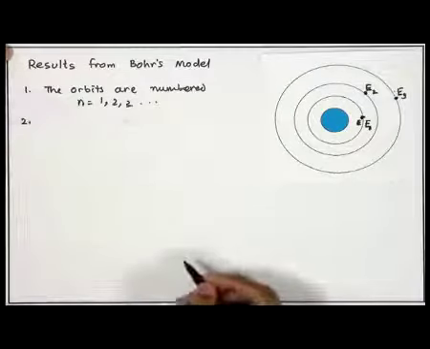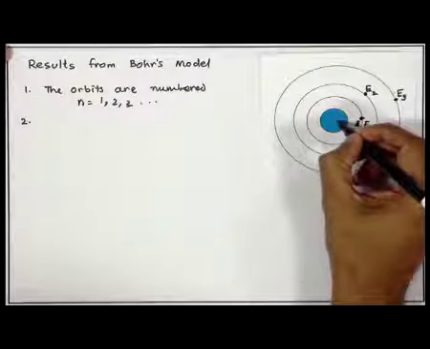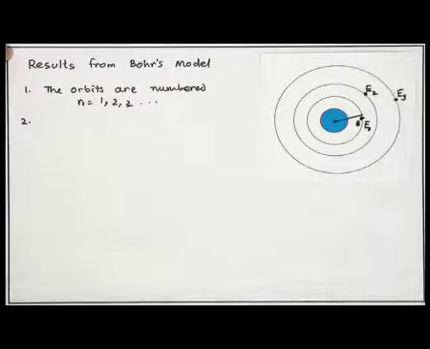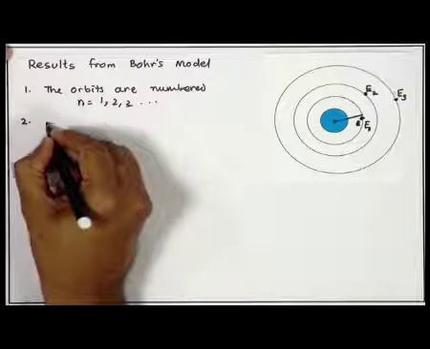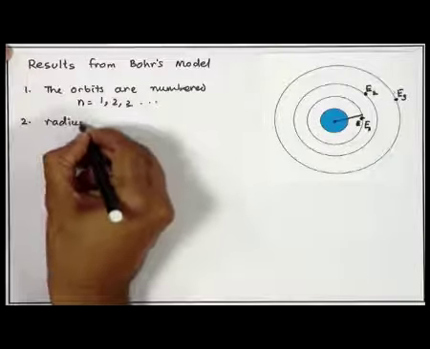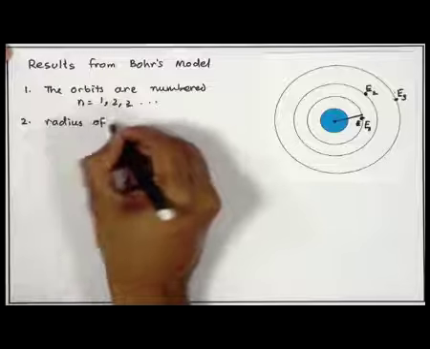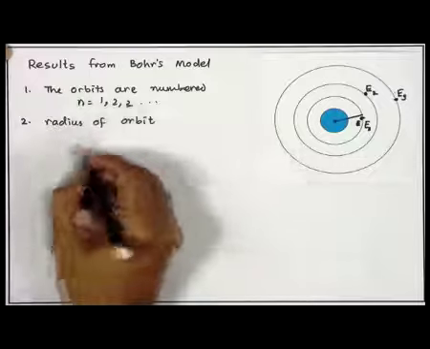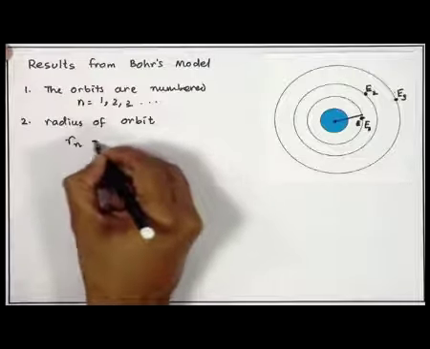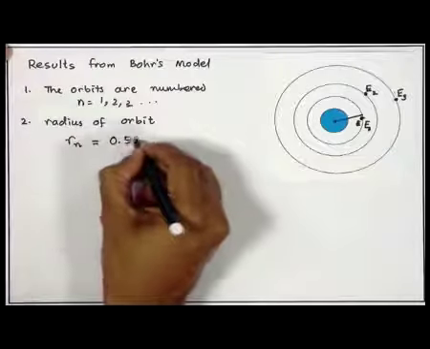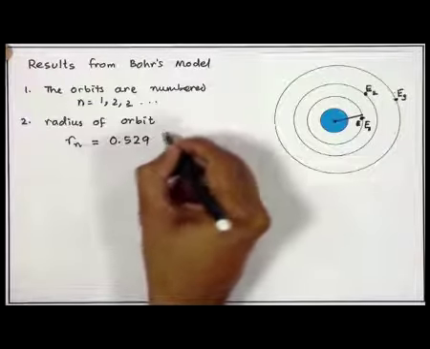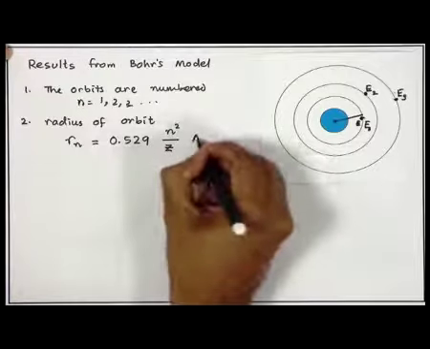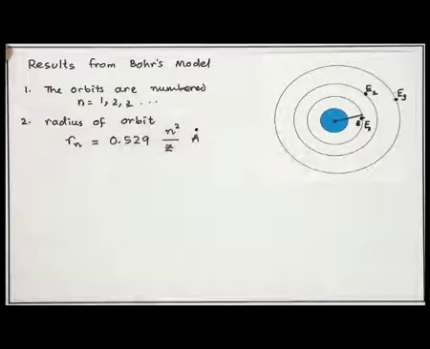Using Bohr's atomic model, Bohr could find out the radius of any orbit. The expression that he got for the radius of any orbit, given by R n, he found as 0.529 multiplied by n square divided by z, and this is given in the unit of angstrom.